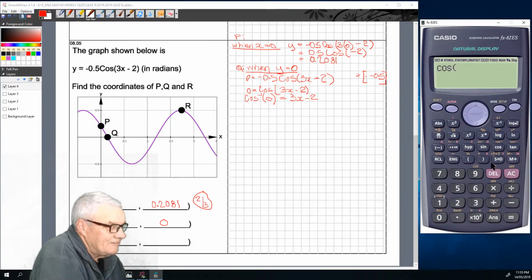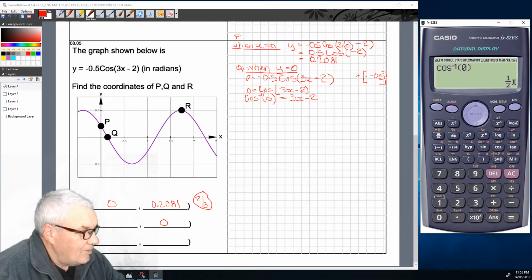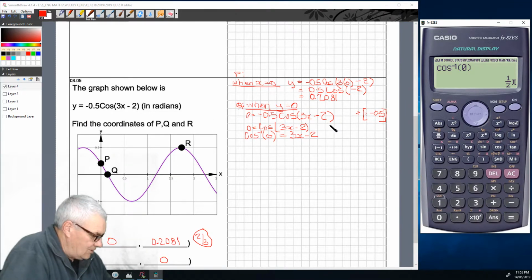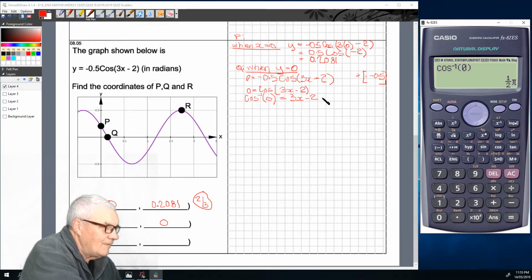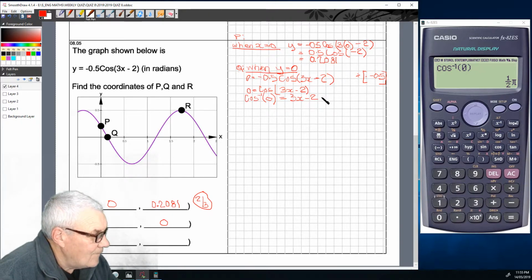Shift cos to the negative 1, 0 equals a half pi, or pi by 2. So that's equal to pi by 2, which is just a number.